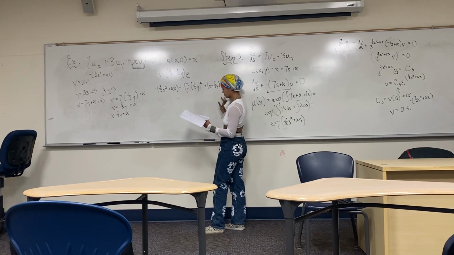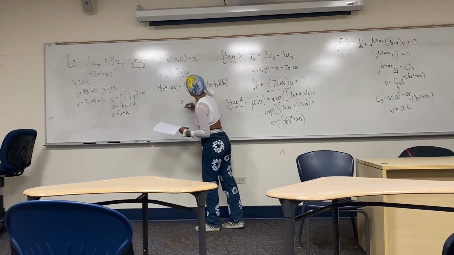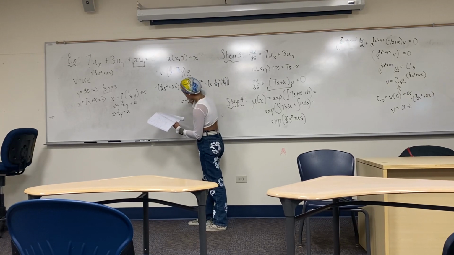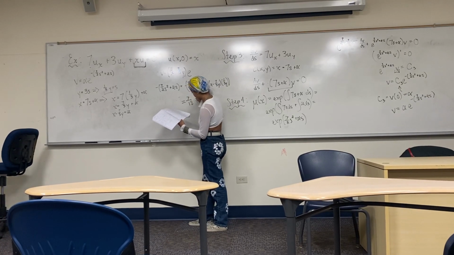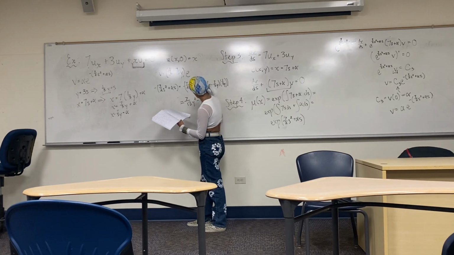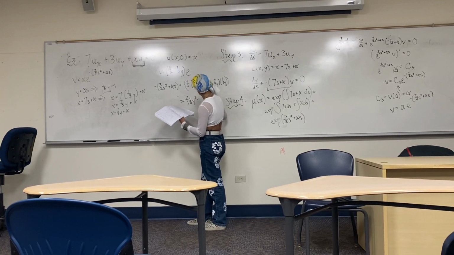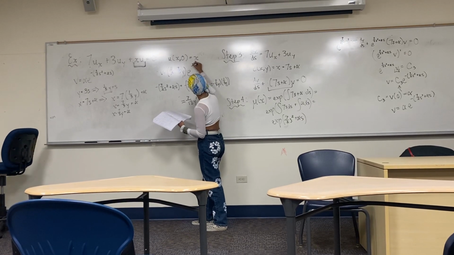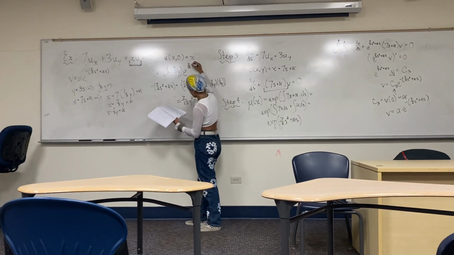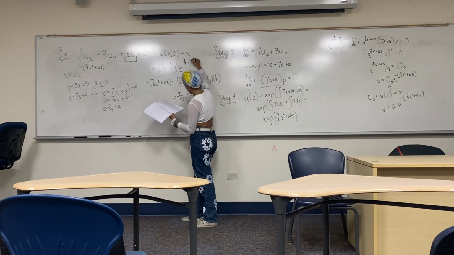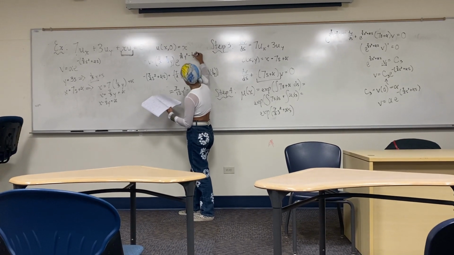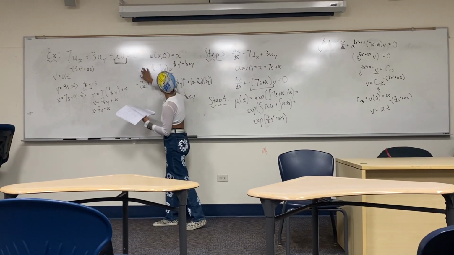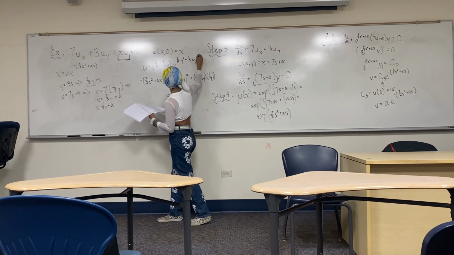Okay, and to not bore everyone with all the calculations, that ends up being 7/18 y squared minus 1/3 xy, and that is our exponent value. So 7/18 y squared minus 1/3 xy, and that is our u.